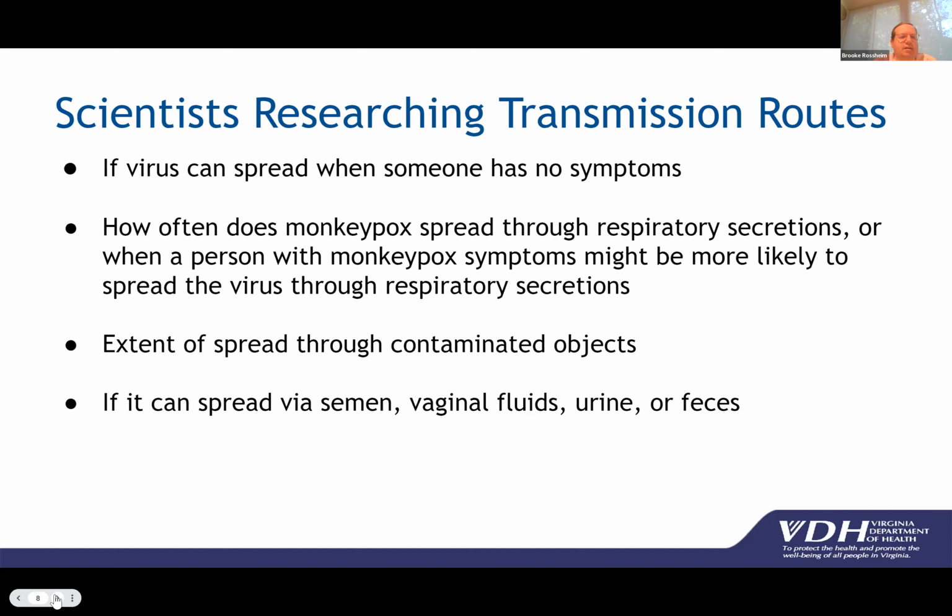What is the extent of spread through contaminated objects? We've already talked about the fact that objects can become contaminated. This is a way that people can get monkeypox, but we need to learn more about it. And also we need to learn whether monkeypox is efficiently spread via semen, vaginal fluids, urine, or feces.